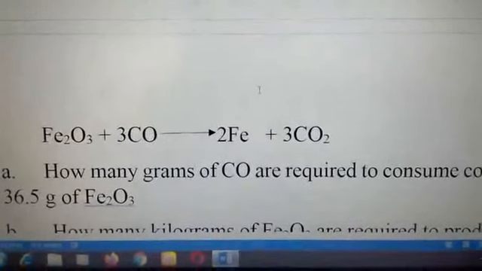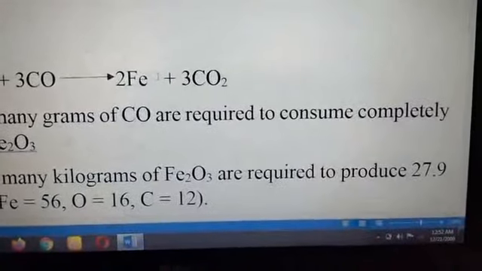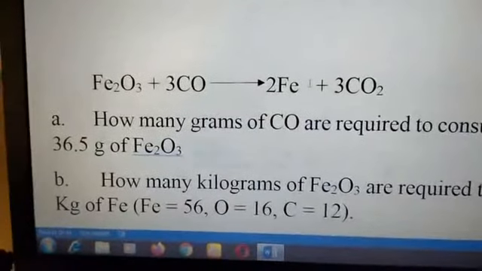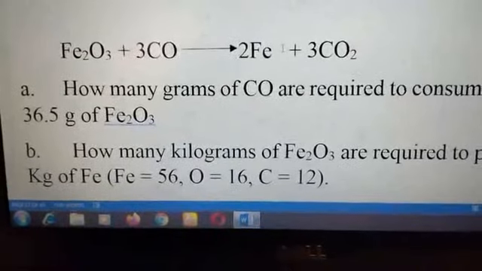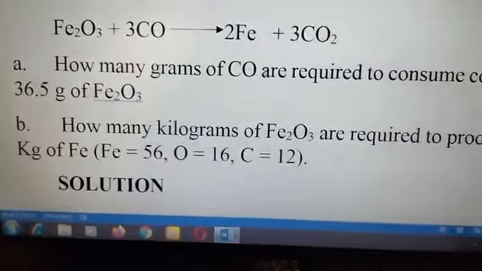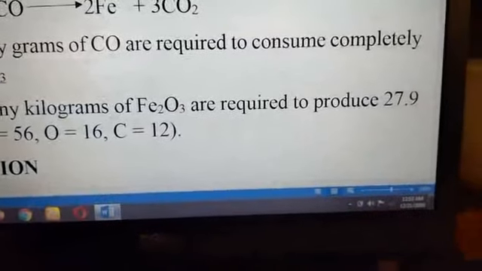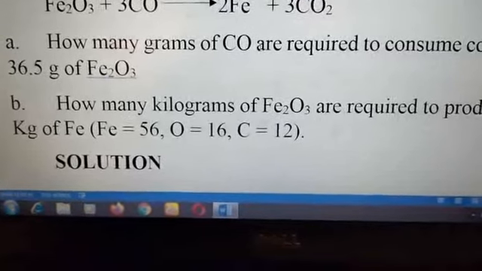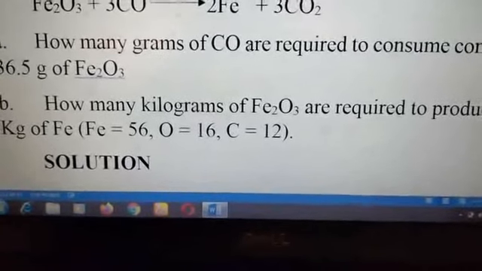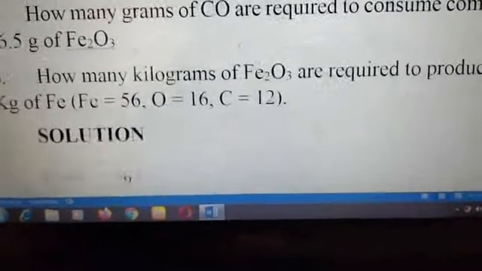We ask how many grams of carbon 2 oxide are required to consume completely 36.5 grams of iron ore or iron 3 oxide. The second question says how many kilograms of iron 3 oxide are required to produce 27.9 kilograms of iron, and they gave us atomic masses of iron as 56, oxygen as 16, carbon as 12.